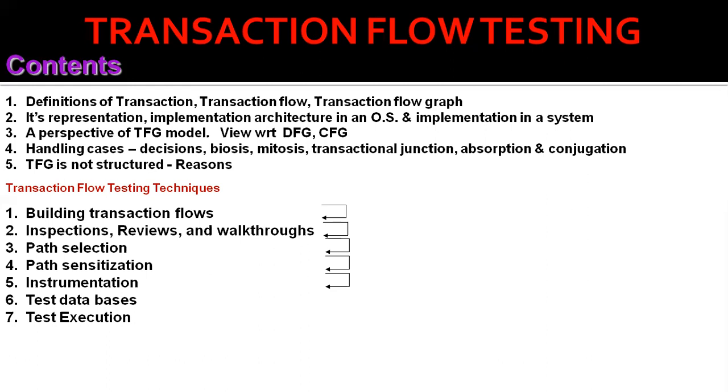Then we have to apply path sensitization. Then we apply path instrumentation. As we know, instrumentation is going to play a bigger role in transaction flow testing than in unit testing. After that, we have to design and maintain the test database.